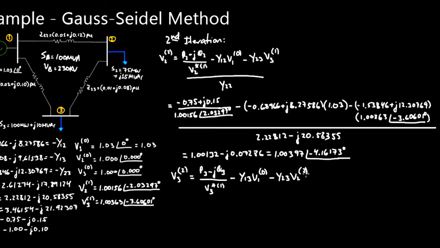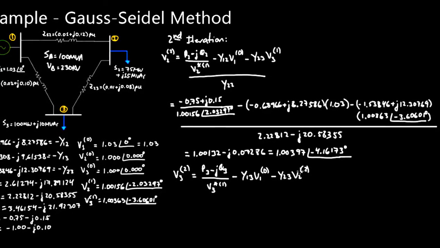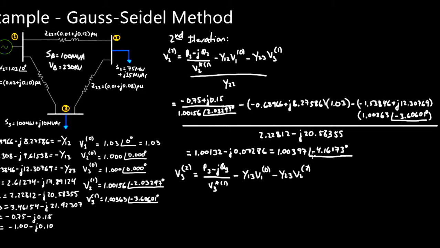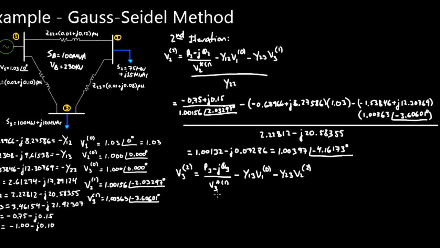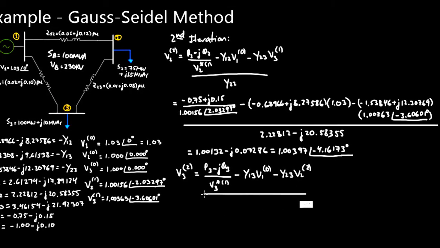And again, I'm going to use the latest information that I have for V2, which is this one over here that we just calculated. So V2 of 2, all of this divided by Y33. And so let's go ahead and plug in the numbers.